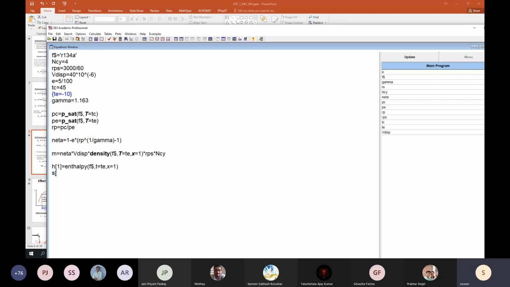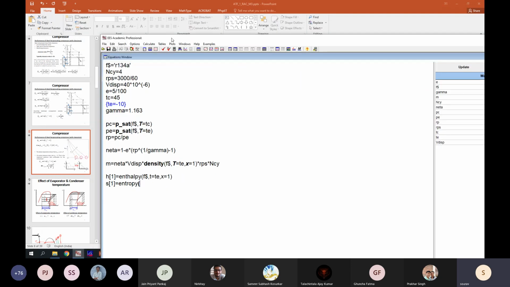Okay, and we also need to get the entropy because we will assume right now that since isentropic efficiency is 1, we'll get the isentropic compression work done. So T equals TE, X equals 1. Okay, H2 will be equal to enthalpy, P equals PC, because I do not know the discharge temperature from the compressor.